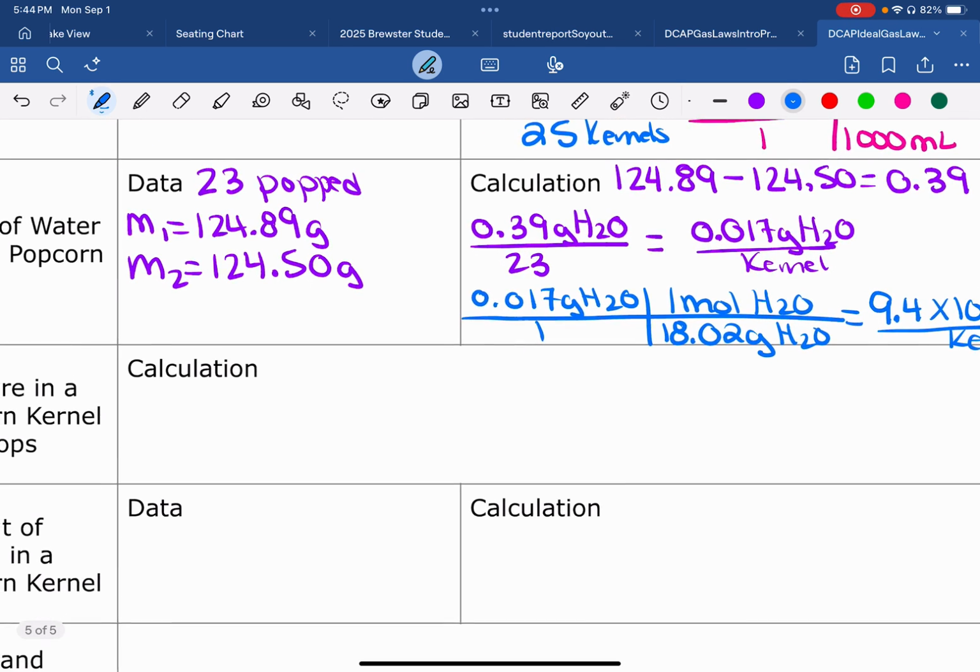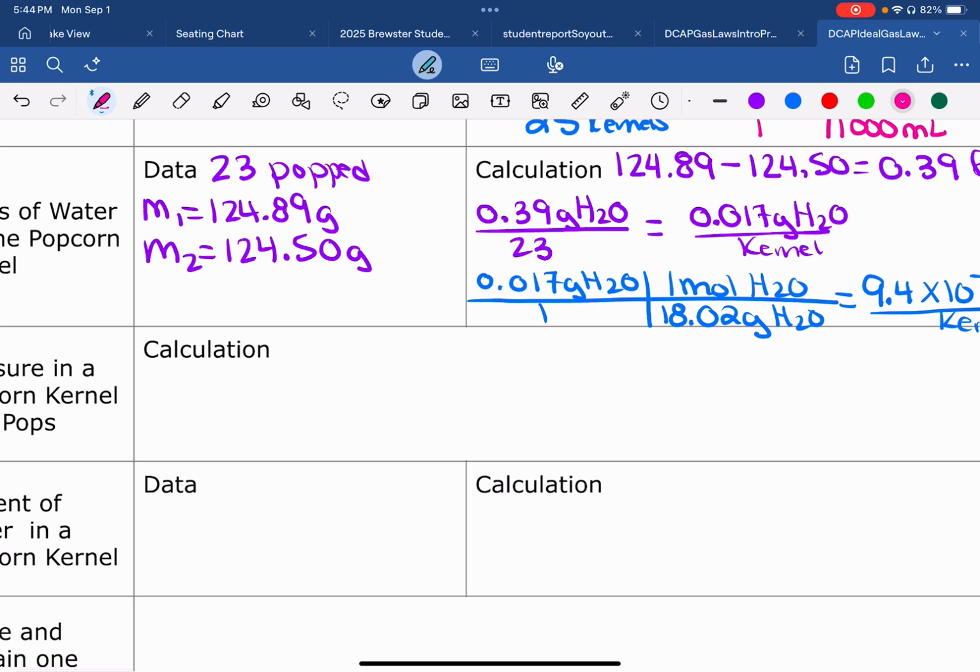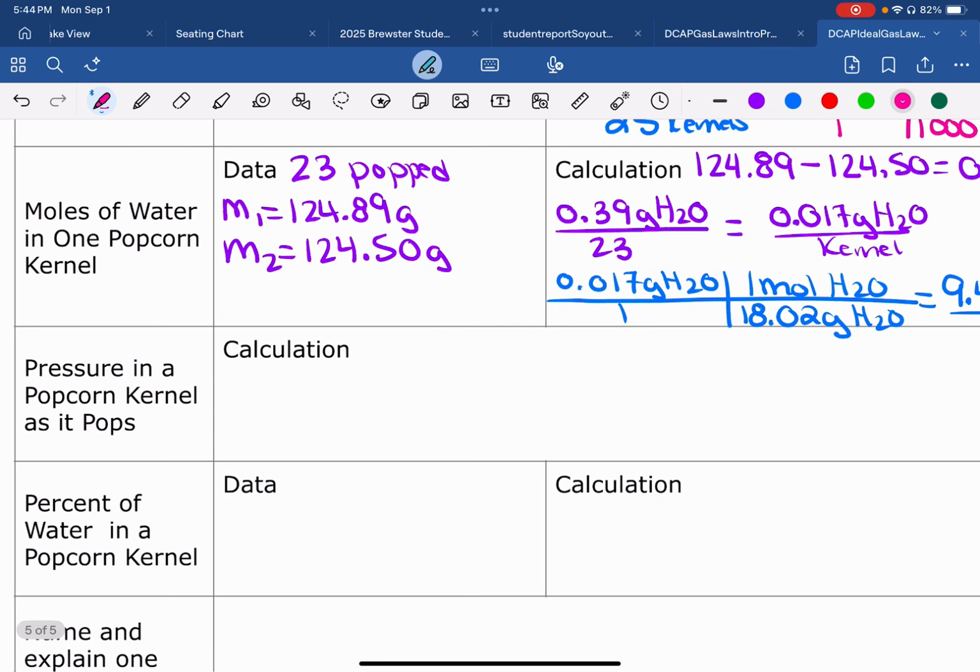So now we're down to our calculation. PV = nRT, so we have pressure equals nRT over V. So we're going to have the 9.4 times 10 negative fourth mole. Let's just use atmospheres.